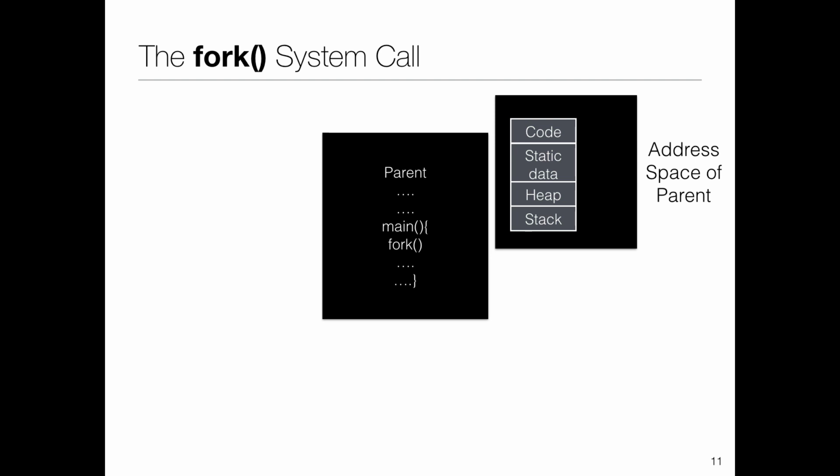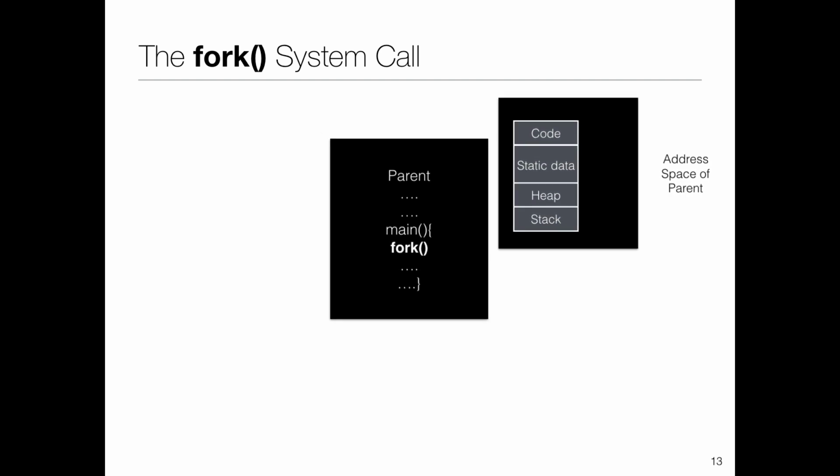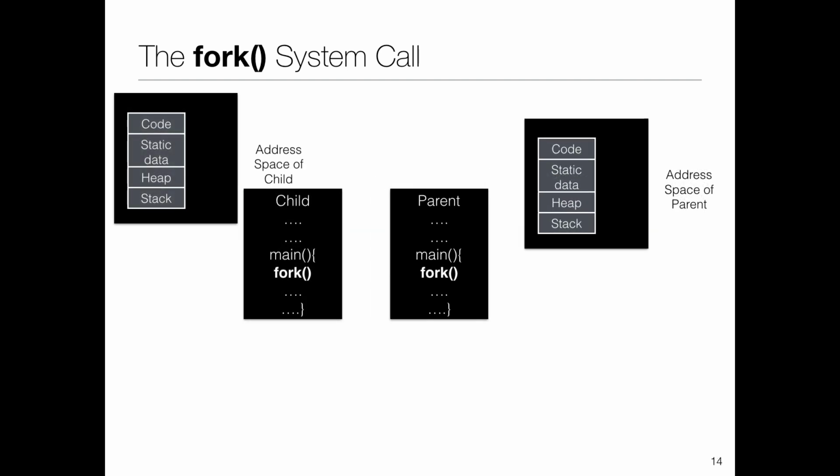Does everyone remember that there are 4 different parts of the address space? The program counter will eventually reach main, and that's when the program execution will start. So let's start at main.